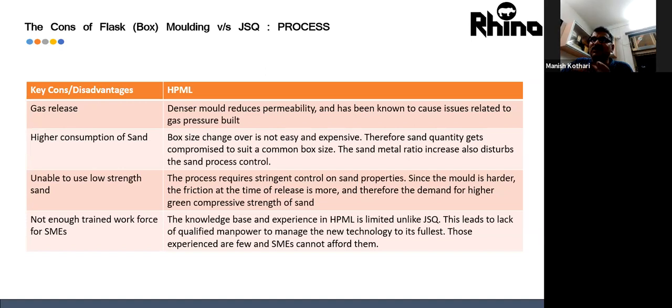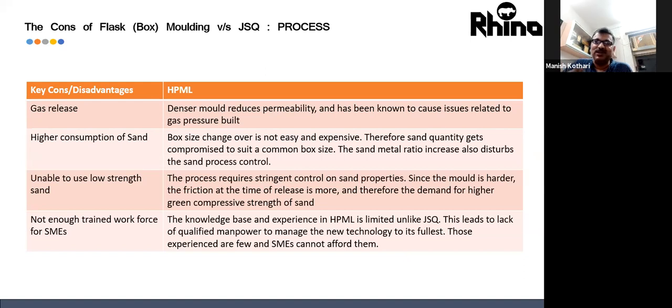Second is because we are not able to change the size of the box so easily, and you cannot have a large variety as Jolt-Squeeze machines can have. So sometimes I have to have a higher sand metal ratio, and I cannot adapt the box. So particularly if I look at a manhole frame casting, which is very typical in the eastern part, the sand metal ratio goes to 1:20 sometimes because the casting is very light, ductile.